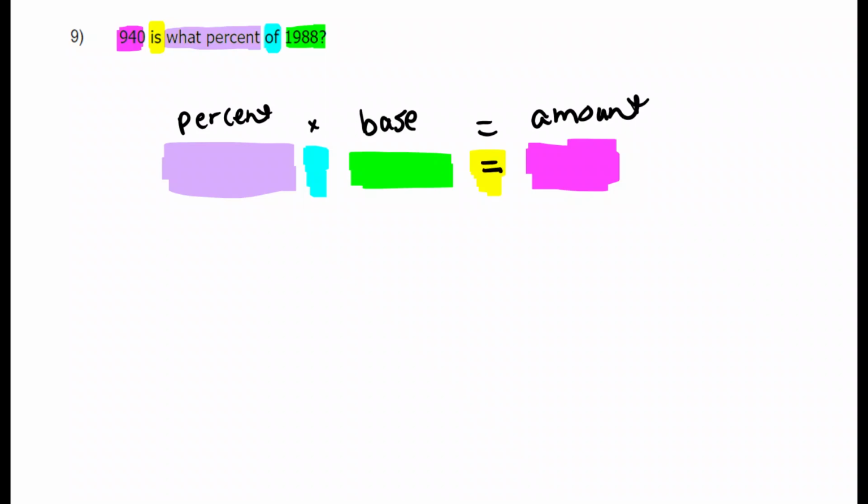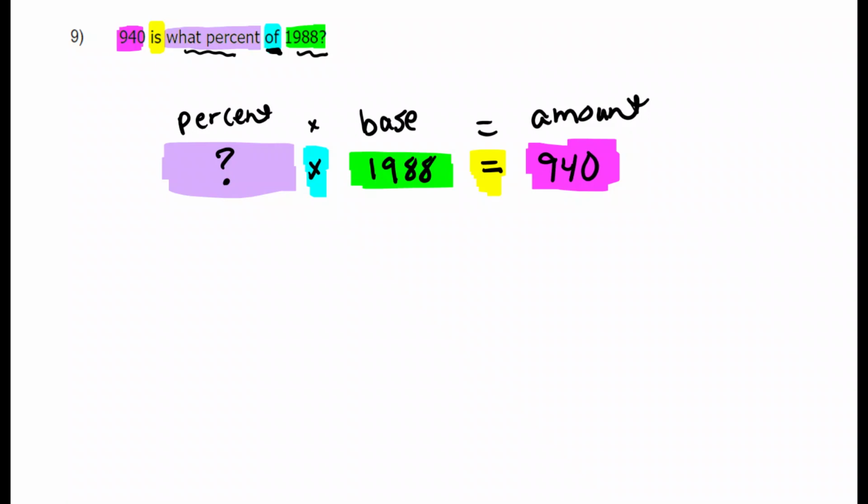And the "is" is always your equal sign. The "of" is your multiplication sign. And I can tell that this multiplication comes between what percent and 1988. So I'm looking for a percentage here. Some number here times 1988 is the 940.